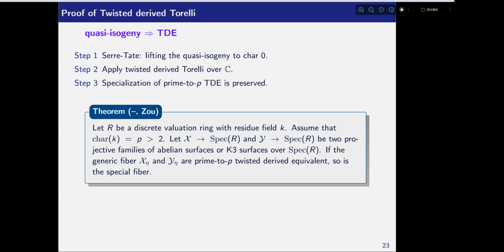So the isomorphism can be specialized to the special fiber. Roughly speaking, this assumption can be transferred to: curly Y is isomorphic to the moduli space of twisted sheaves on curly X.